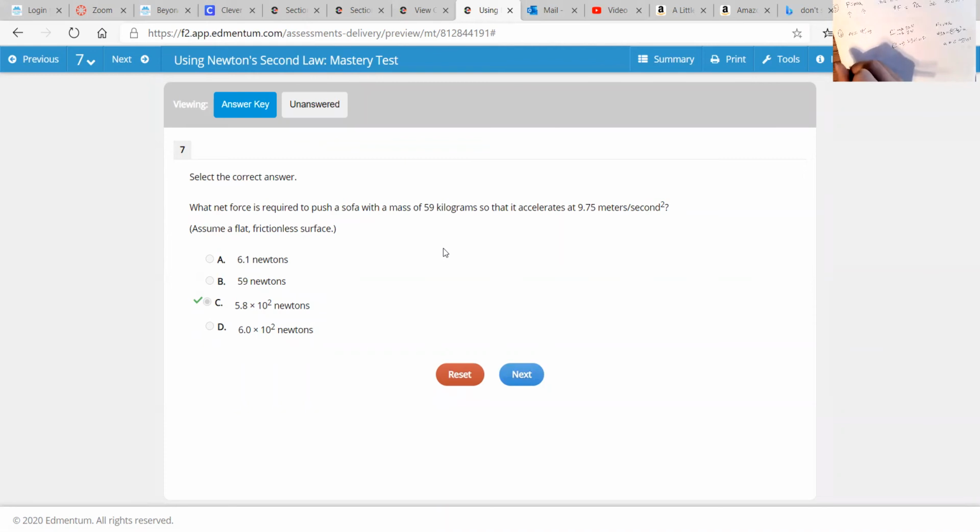So for 7, the sofa has a mass of 59 kilograms. So we have M. A, it's asking, what is F in order for it to accelerate at 9.75 meters per second squared?